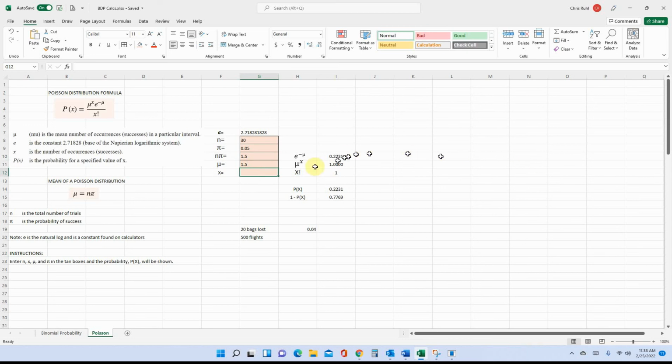So what's the chance of no storms hitting the island? The chance of no storms hitting the island is 77.69%, about 78%.